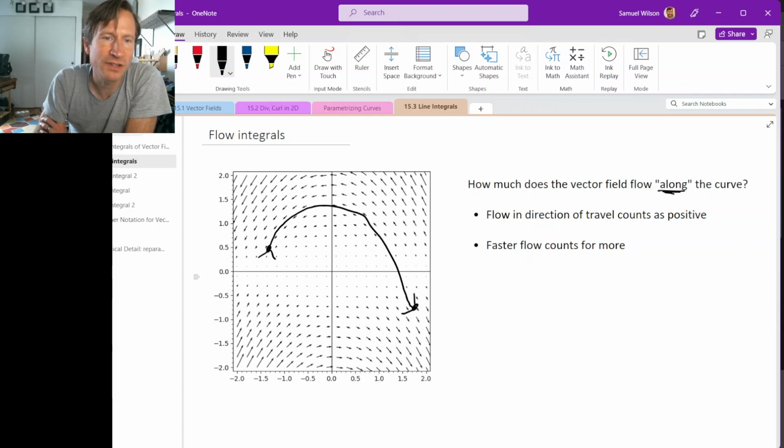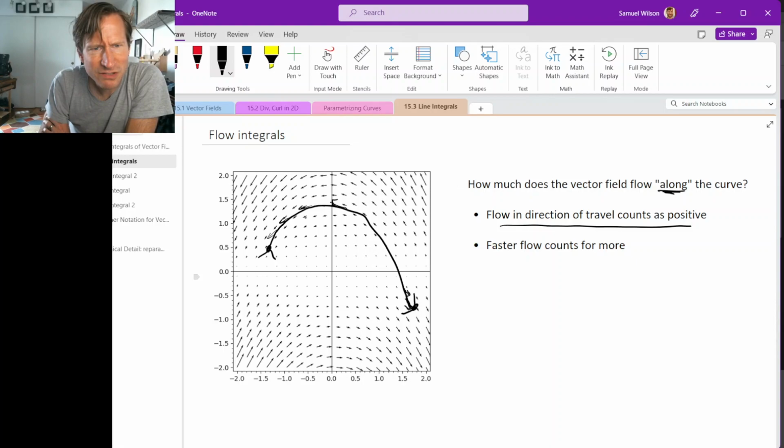At some points along this curve, the vector field is flowing against the direction that we're traveling in. And those should contribute negative flow, right? And down here, where the vector field is pointing in the direction that we're traversing the curve, those should count as positive. So flow in the direction of travel should count as positive.